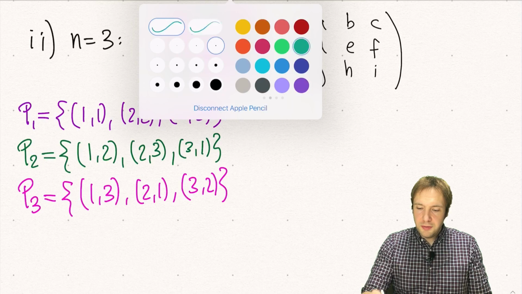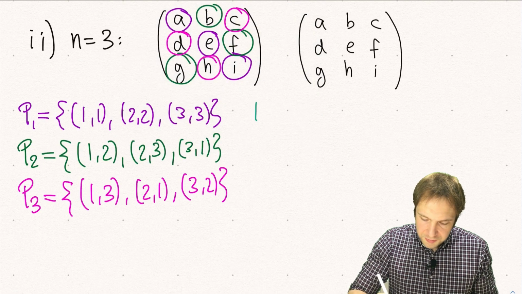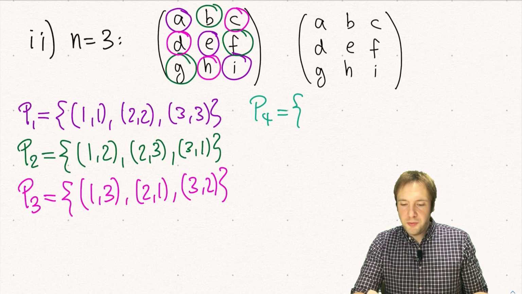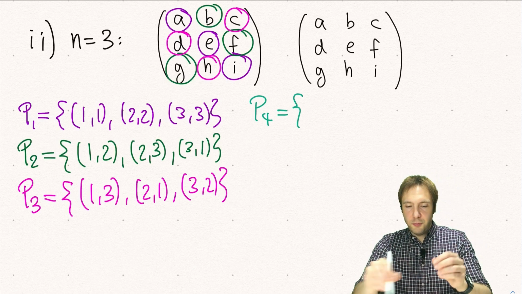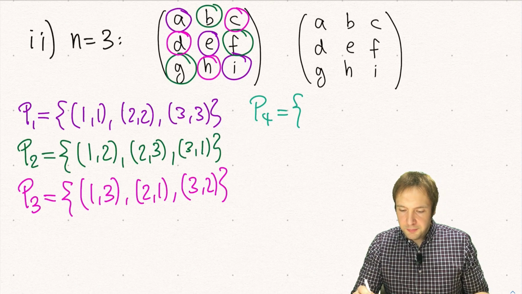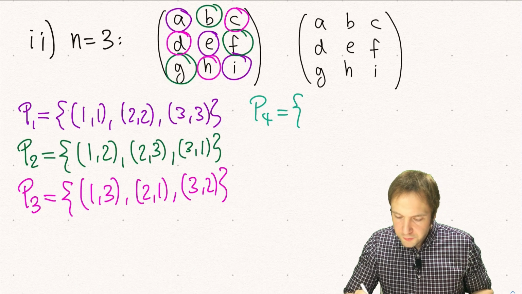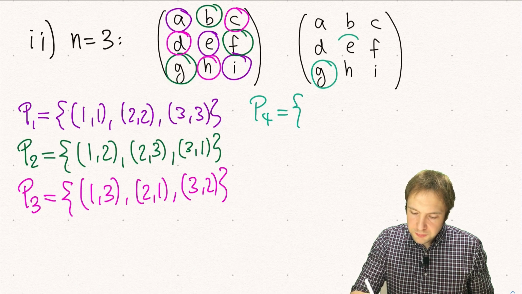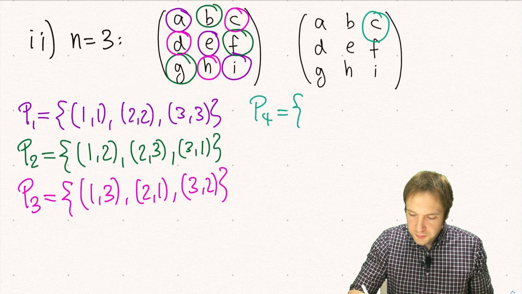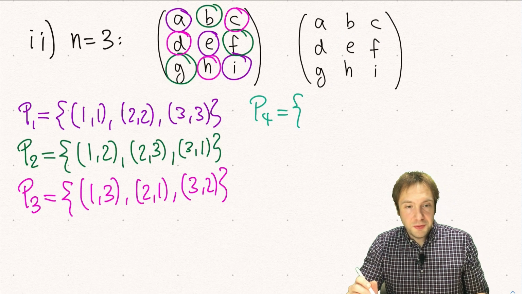But these are not all possible choices. So here I just drew the matrix twice, so I have more room to draw. So we could also choose, for example, this one, or maybe I choose the same as in the lecture notes, so I don't get confused.